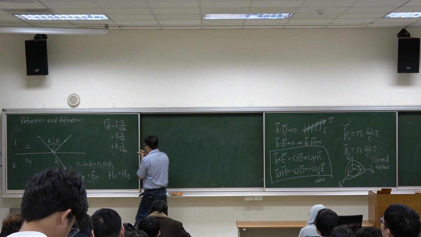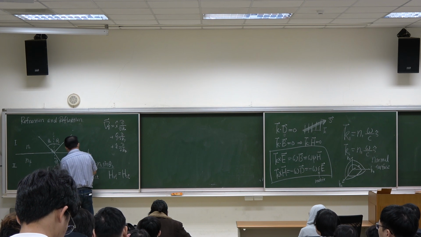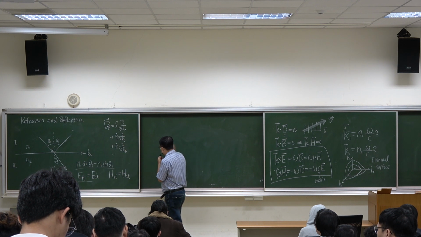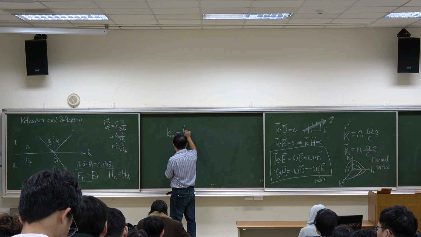So suppose this direction is named x. Then this implies that K1x is equal to K2x.